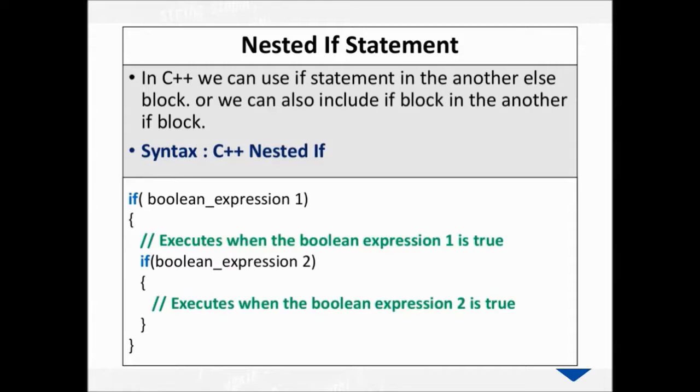If Boolean expression, then we write some statements, and then we write if Boolean expression again into the body of the first if expression, and under the second expression we write its own statements. Then we close the second if statement and then the first if statement.